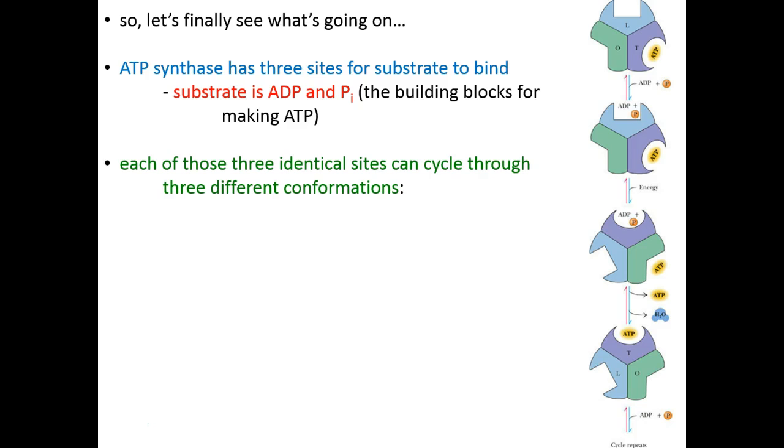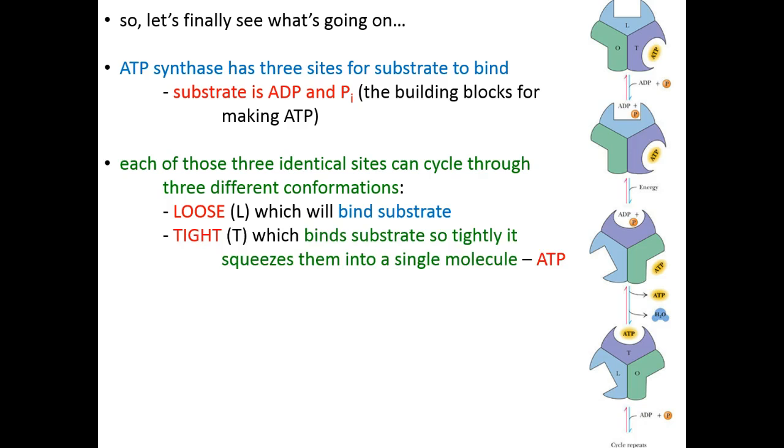And each of these three sites can cycle through three different conformations each. There is the loose conformation, L, which binds the substrate, ADP and inorganic phosphate. There is the tight conformation, T, which squeezes ADP and inorganic phosphate together until they spontaneously form ATP.